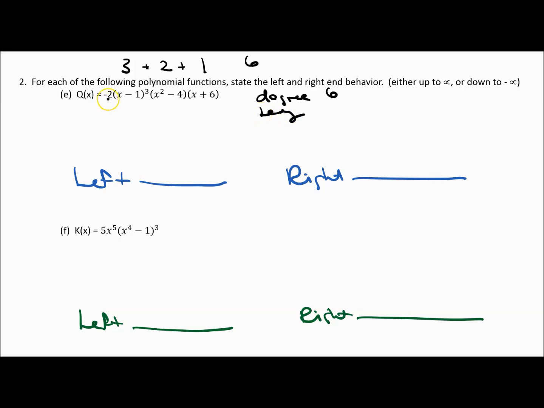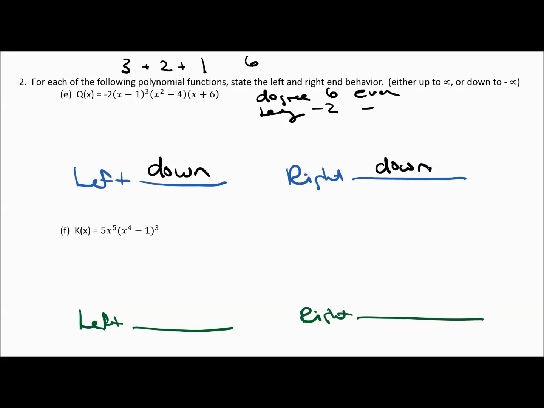Well, imagine multiplying these constants together, a -2 times a 1 to the third times a 1 squared times a 1. Well, -2 times all these 1s is just -2. So again, even and a negative value means we're both downward on the left and on the right.